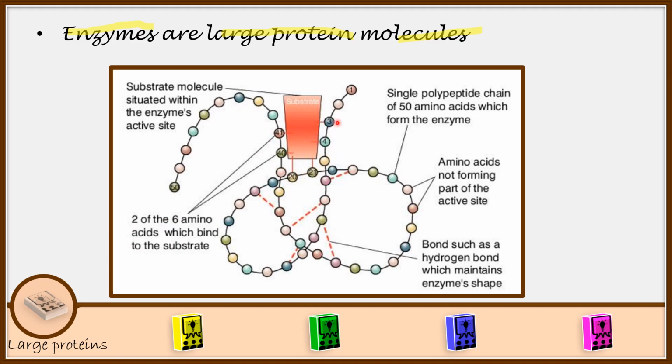For example, here you can see amino acids 3 and 4 binding on the substrate. Then we have 21 and 20, binding on the substrate. Then we have 40 and 41. So there are 6 out of the 50 amino acids which bind the substrate, or which form the active site. Then we have these other amino acids not forming part of the active site, but they are needed for that particular enzyme.